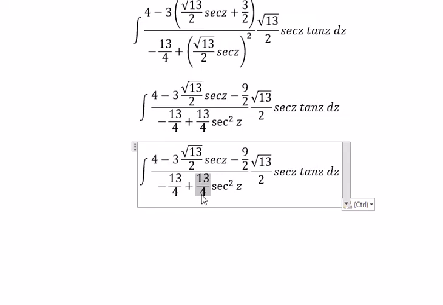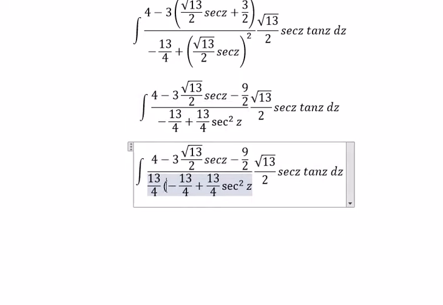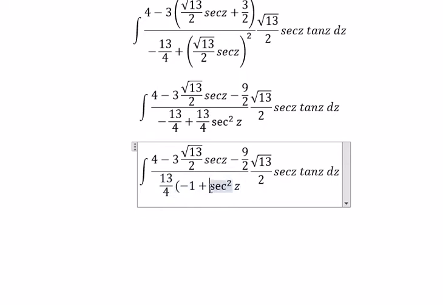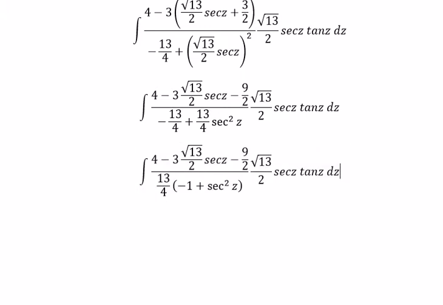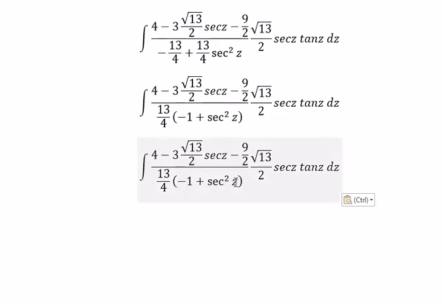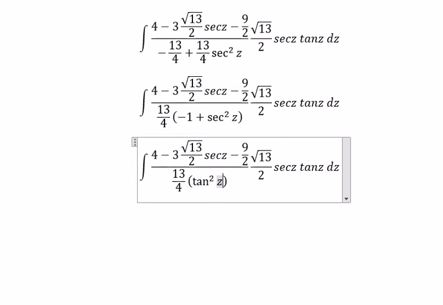So we put 13 over 4 outside, and we can do factorization. This one we change for tan z squared. So we simplify tan z.